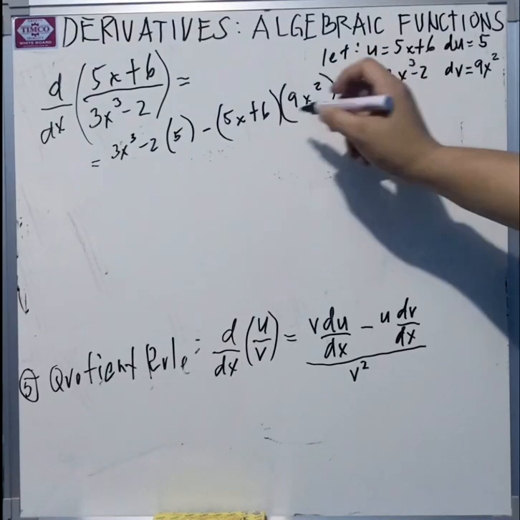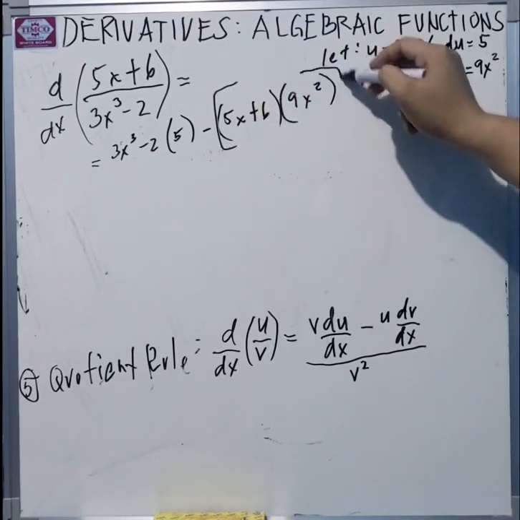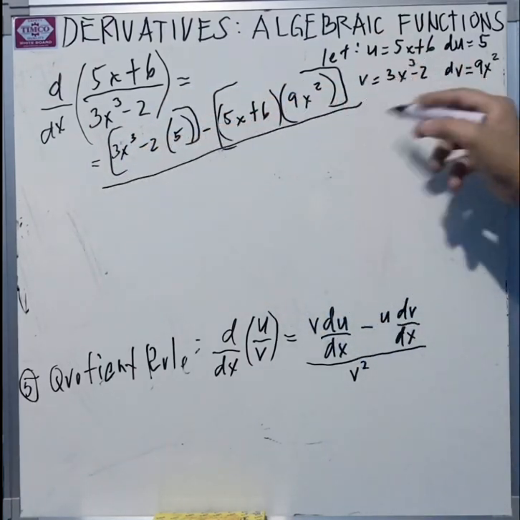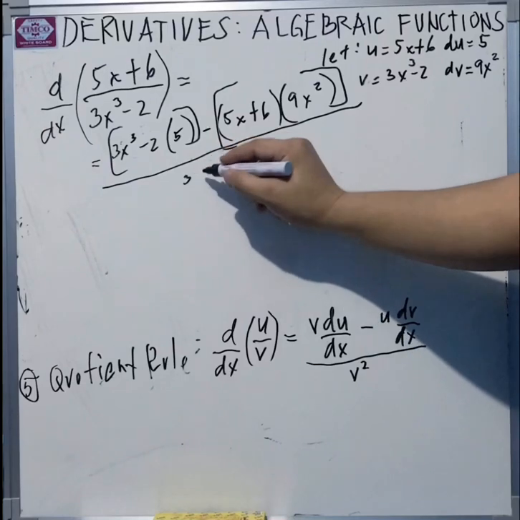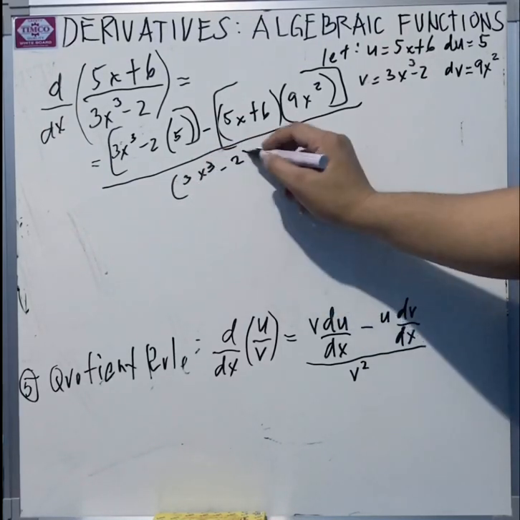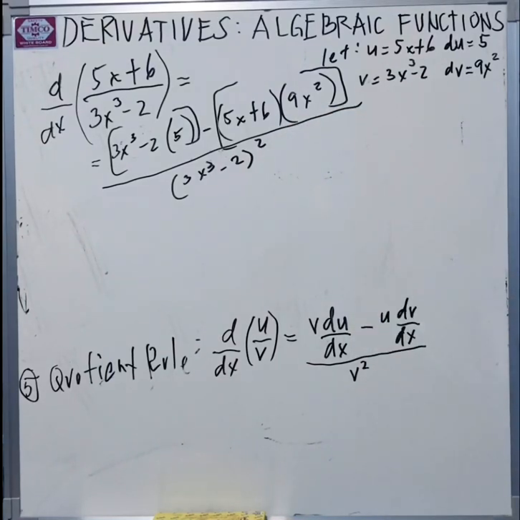Diba? So, all over v squared, 3x cubed minus 2 squared. Diba? So, simplify natin siya.